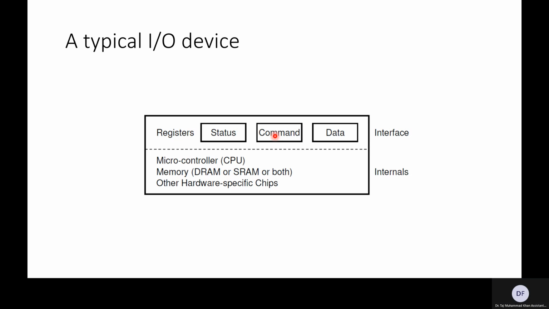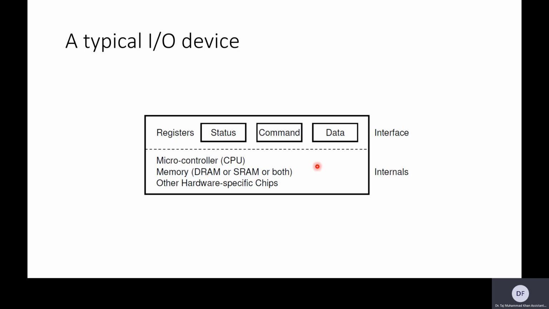Similarly, if you continue with this example of a hard disk, these read or write commands will involve different data. The CPU will either read data from the hard disk or write data to the hard disk. So these data registers can be used to transfer data with these commands. Let's say if the CPU wants to write data to the hard disk, then it will give a write command, and the data that it wants to write, it will write here in these data registers.